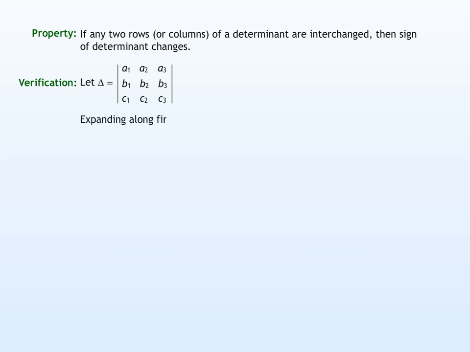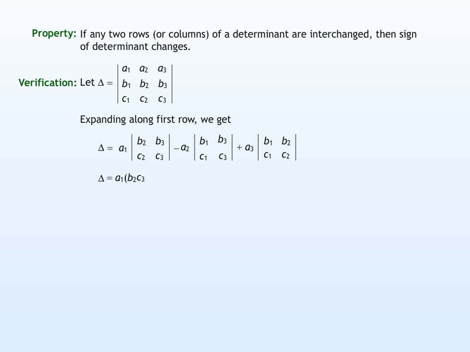Expanding along the first row, we get delta equals A1 multiplied by (B2C3 minus B3C2) minus A2 multiplied by (B1C3 minus B3C1) plus A3 multiplied by (B1C2 minus B2C1).